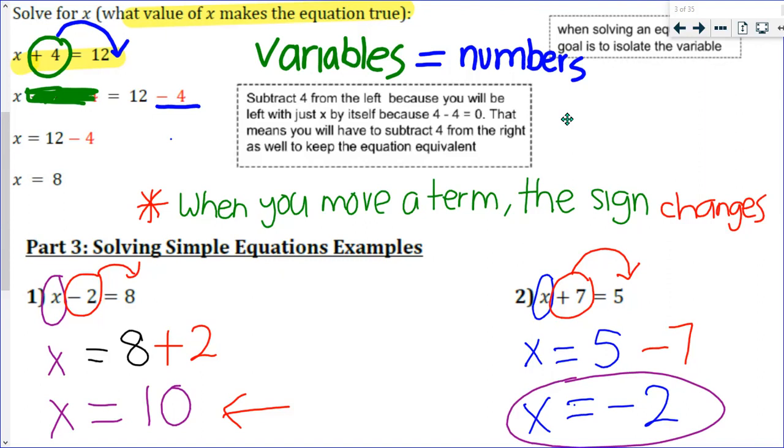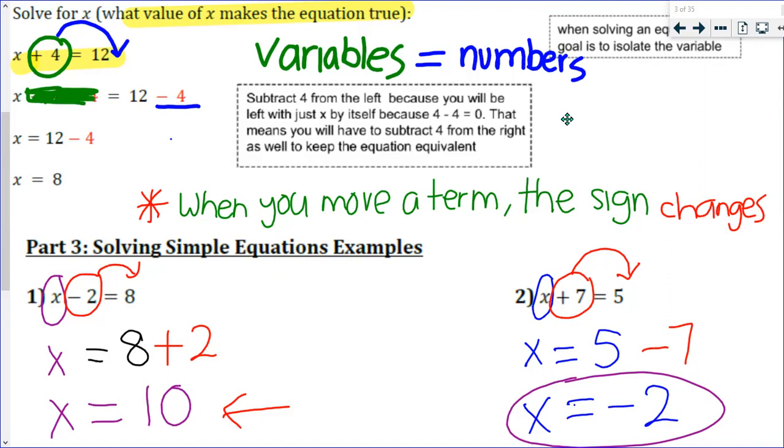So very sad scenario, but we're going to use that for algebra. We're going to think of the equal sign as the rope dividing the classes, right? That's the original x plus 4 is equal to 12. So 12 is my daughter. That actually happens to be her birthday too, the 12th. And her friend is positive 4. Her friend desperately wants to cross the rope and play with her at recess. But something has to happen.